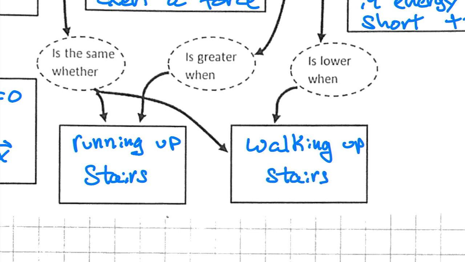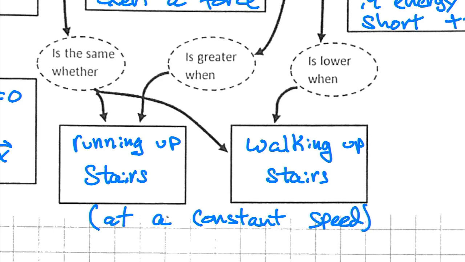And it's important to note that when we're walking or running here, we have to do this at a constant speed. So you run upstairs at a constant speed, you walk upstairs at a constant speed.